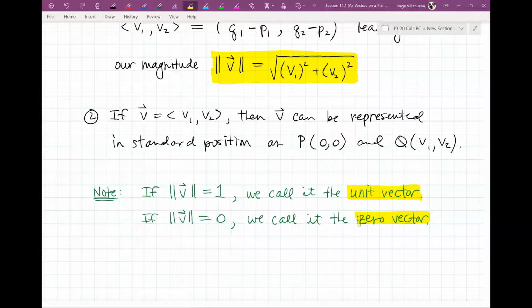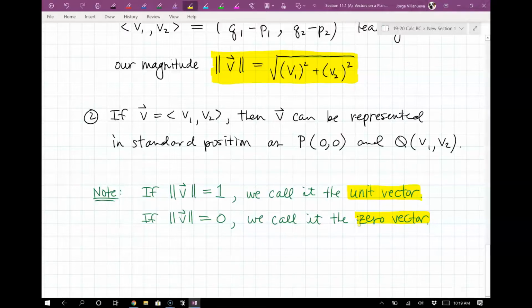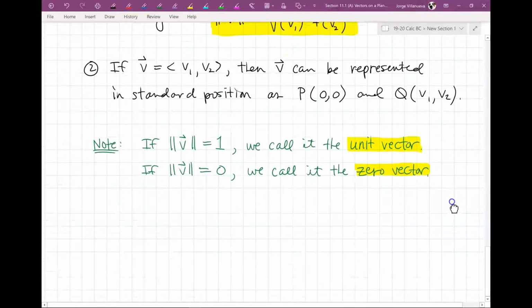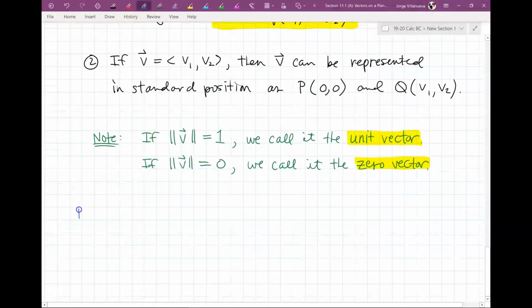All right, so let's do a quick example. Maybe we'll stop there and tomorrow we can continue with the rest. So a quick example and then we'll stop. Here's example number 2.